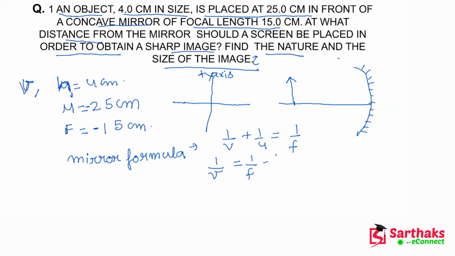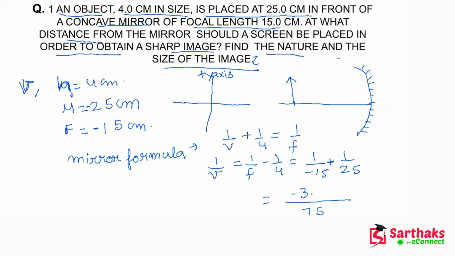It will be 1 upon f minus 1 upon u. And I know that focal length is minus 15 and the object distance is minus 25, and minus will give plus, and that is 25 centimeter.